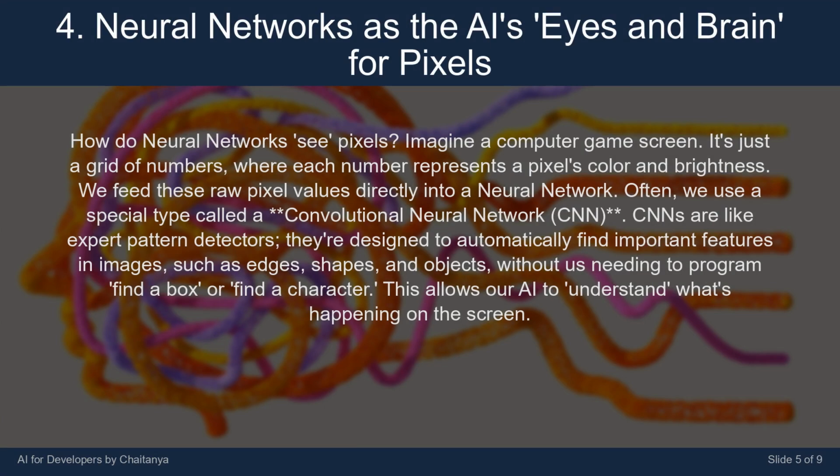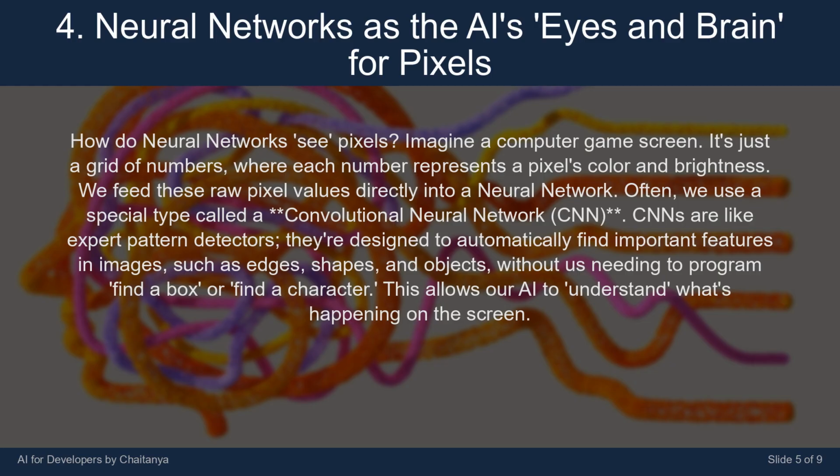How do neural networks see pixels? Imagine a computer game screen. It's just a grid of numbers, where each number represents a pixel's color and brightness. We feed these raw pixel values directly into a neural network. Often, we use a special type called a convolutional neural network, CNN.